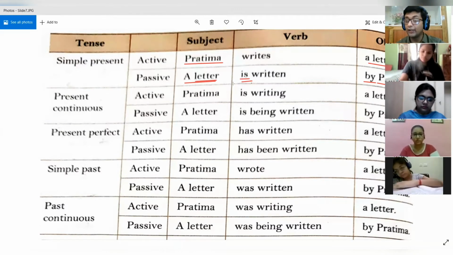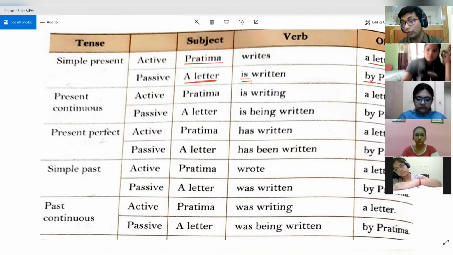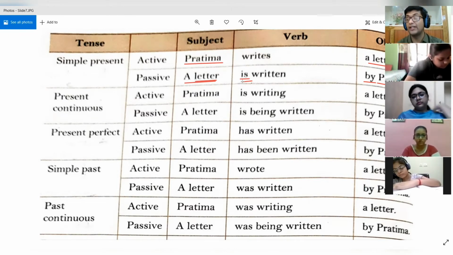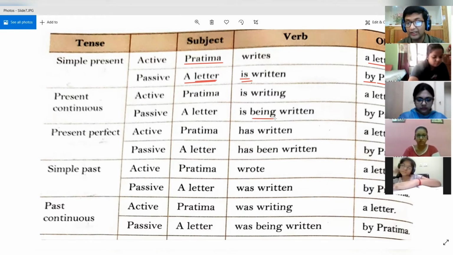Are you understanding? So it will depend on the tense in which we are talking. If it is in the simple present, then we are going to use is, are. If it is in the simple past, then we are going to use was and were, right? And if it is in the present continuous, like is writing, it will change into is being written.